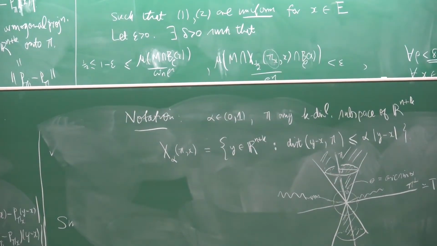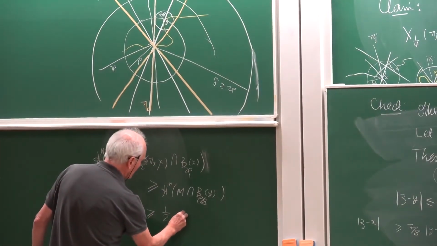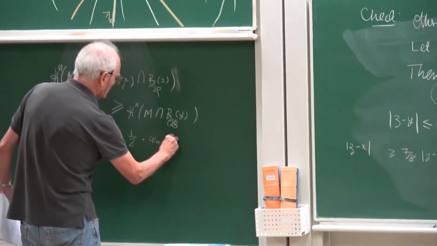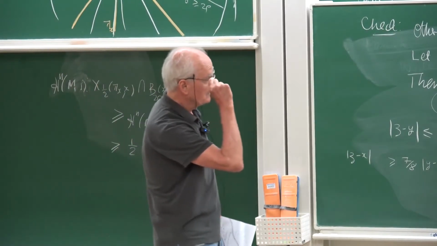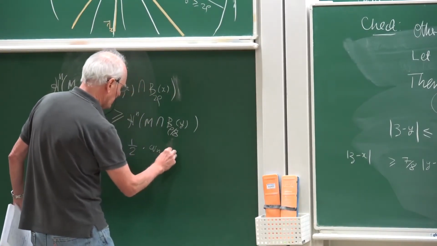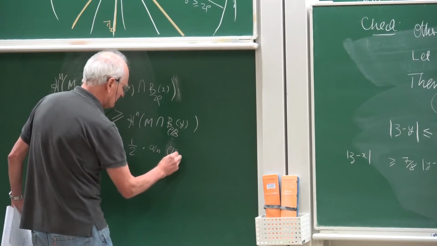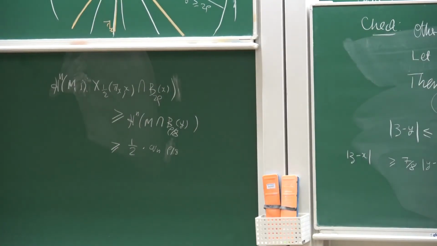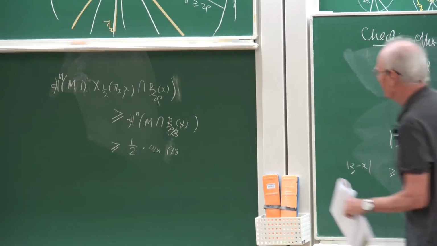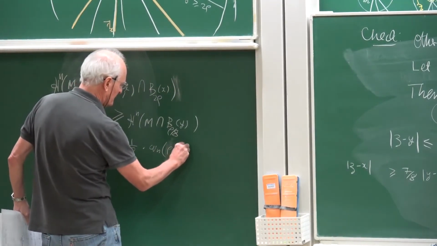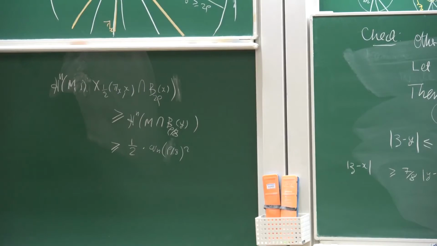So we get, this is bigger than or equal to 1/2 times ω_n times (ρ/8) to the n. We're using this with ρ/8 and with y there. I think that's correct, yeah, that's right. 1/2 (ρ/8)^n.